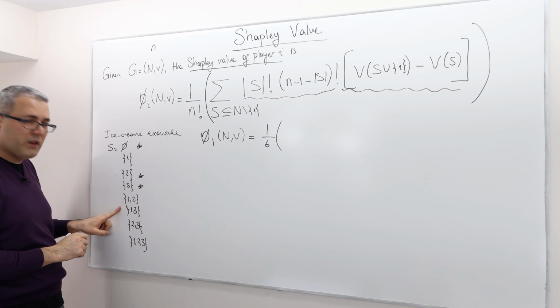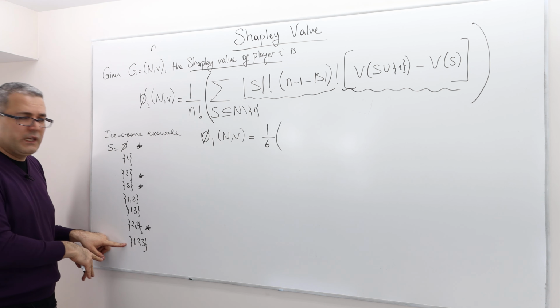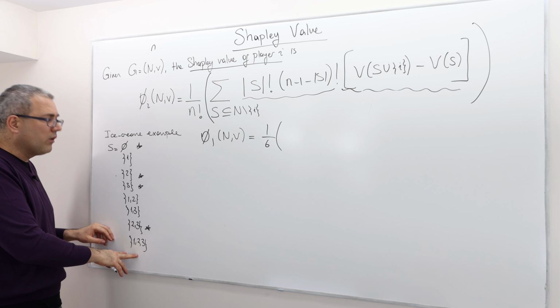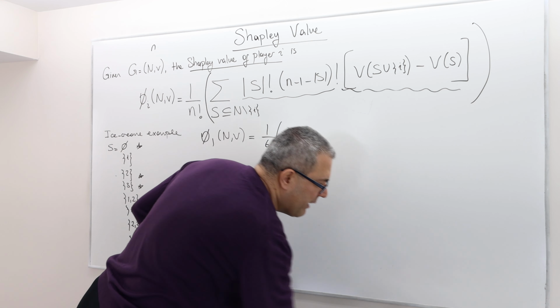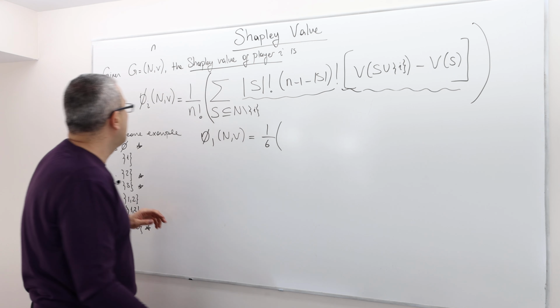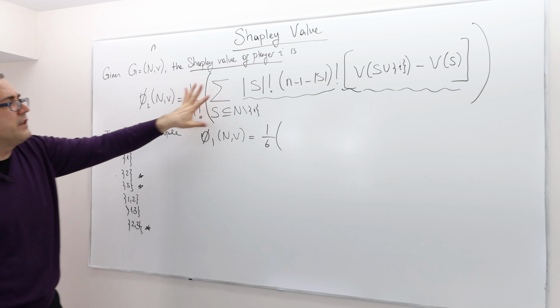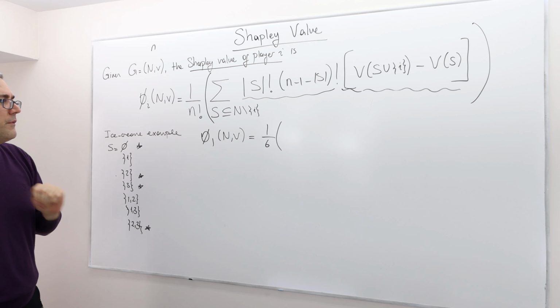Not 1, 2 or 1, 3, because they include player 1, and 1, 2, 3 includes 1 as well. Actually, we will never use this because the grand coalition includes all the players anyhow, so we can just eliminate it. There's no other coalition of those 3 players, remember? So therefore, I have to do this summation 4 times.